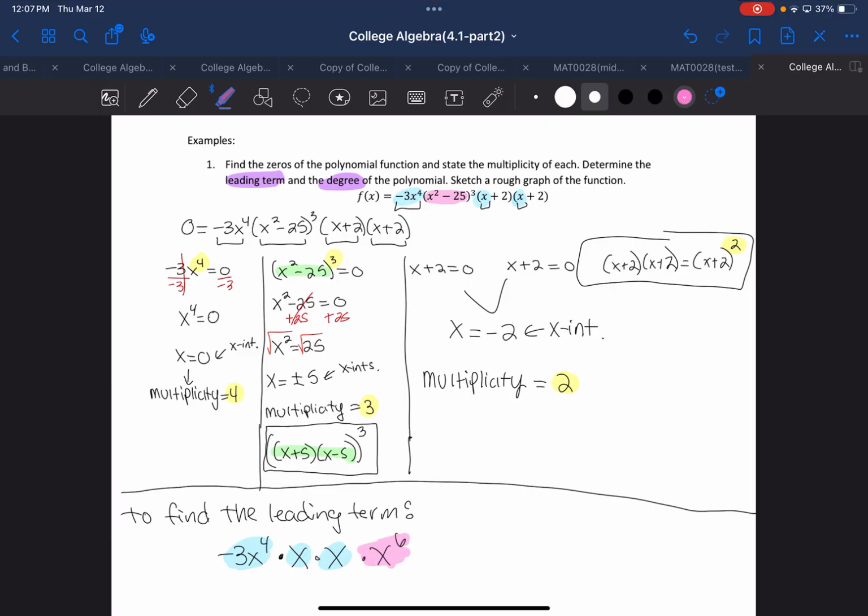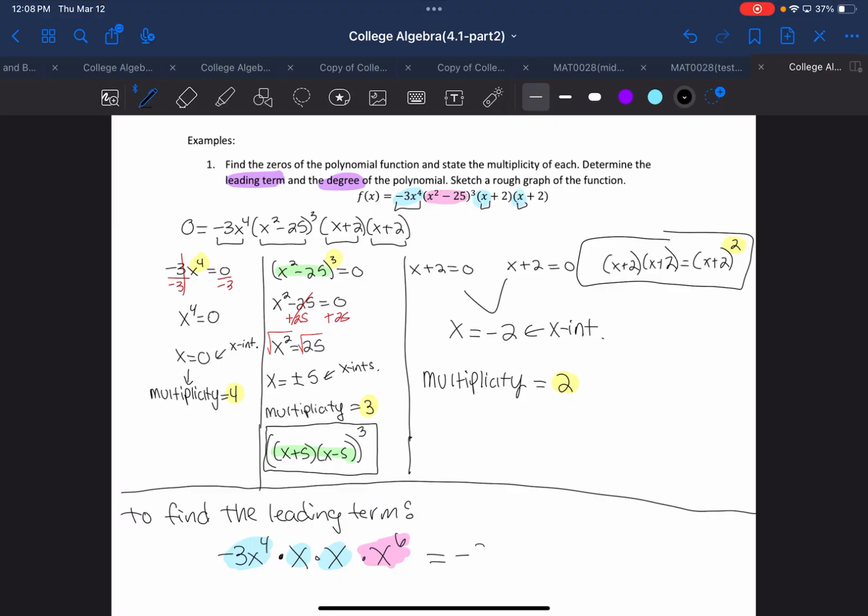And I promise, if you want to do it by hand and prove it to yourself, you can. But if I cubed that thing and FOILed it twice, I would get a leading term of x to the 6th. So I'm just taking the leading term of each group, and now I'm going to multiply them all together.